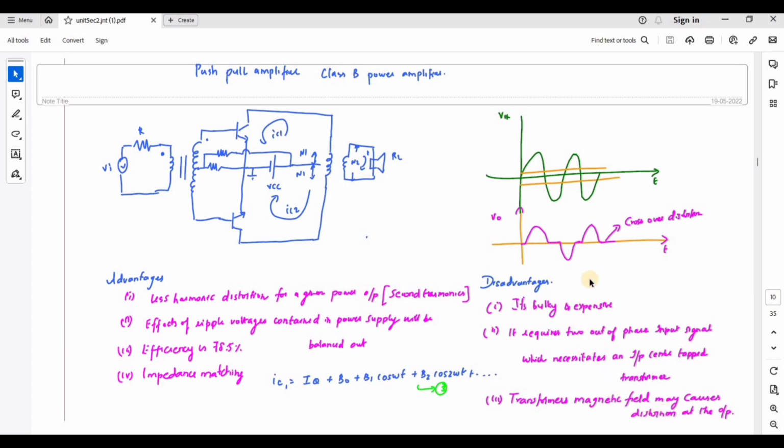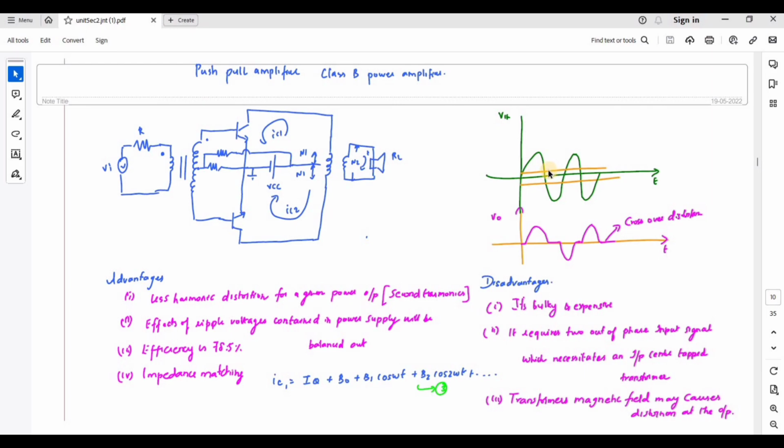Since the transistor is biased at cutoff, it means the DC bias voltage is 0. So whenever the input voltage exceeds the VBE, only then does the transistor conduct. The transistor will not conduct until the voltage exceeds 0.7. This is 0.7, and this is minus 0.7 for silicon, and 0.3 for germanium.